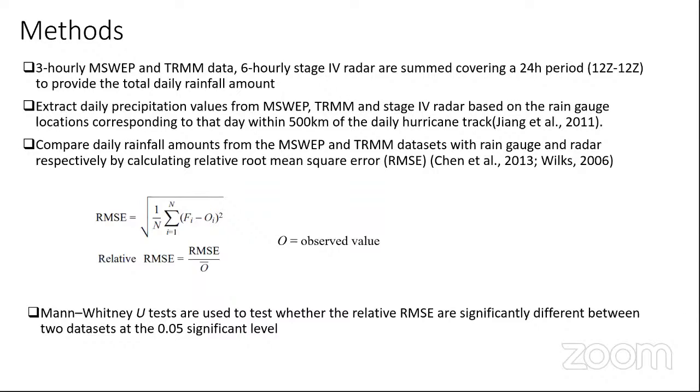After we got the rainfall from the 4 datasets, we compare the daily rainfall amount from the MSWEP and the TRMM with the rain gauge and the radar respectively by calculating the root mean square error.